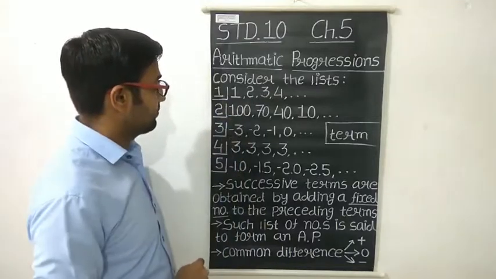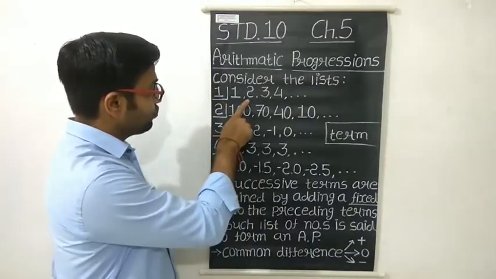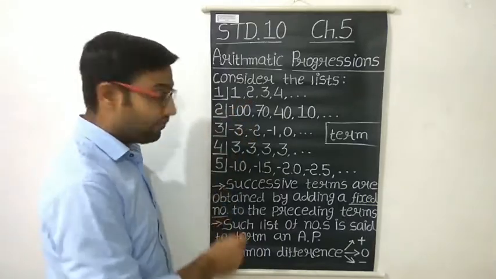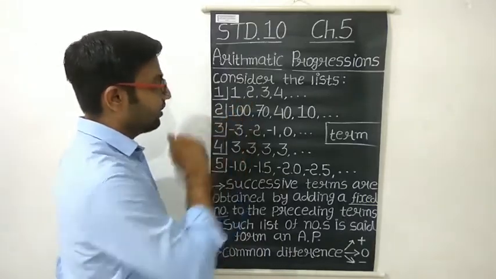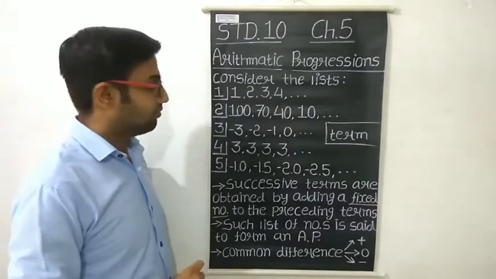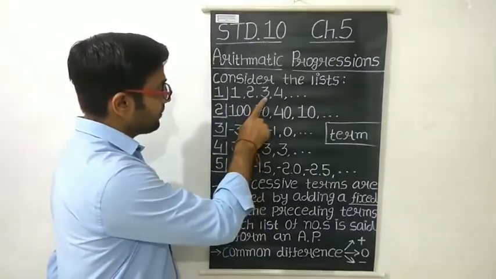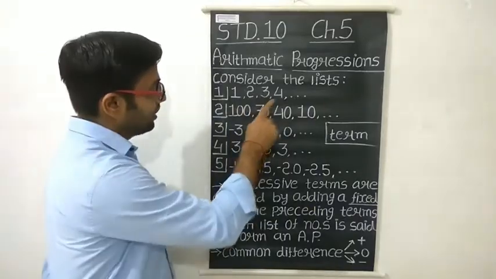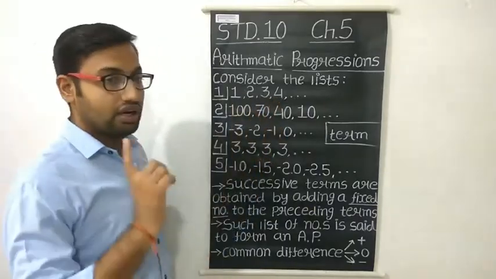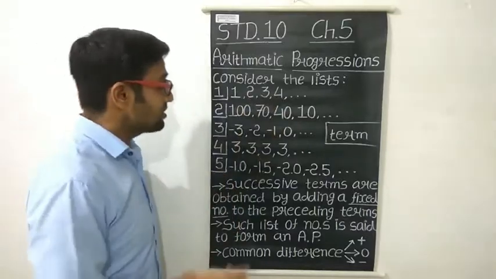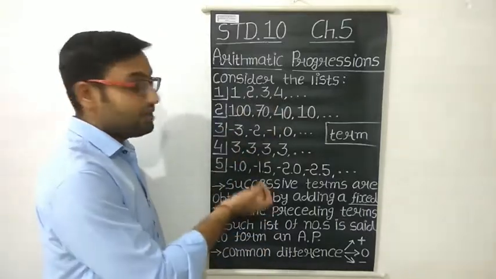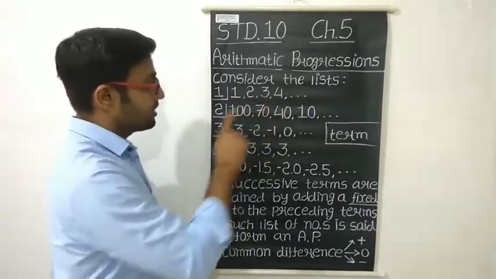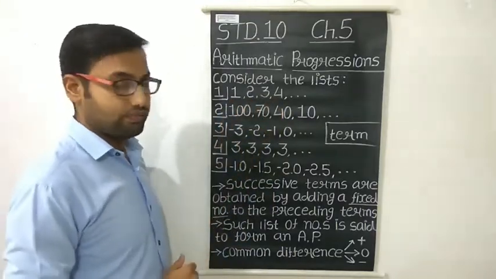In the first case, if we subtract the first number from the second, 2 minus 1, we get 1. In the same way, 3 minus 2, again we get 1. 4 minus 3, again we get 1. That means the difference between any two consecutive members of this series is equal.